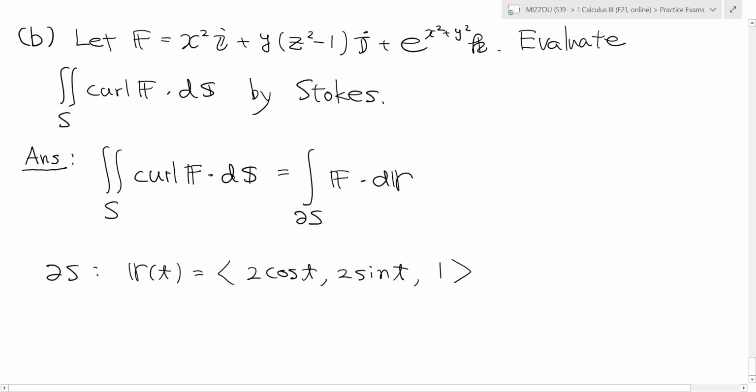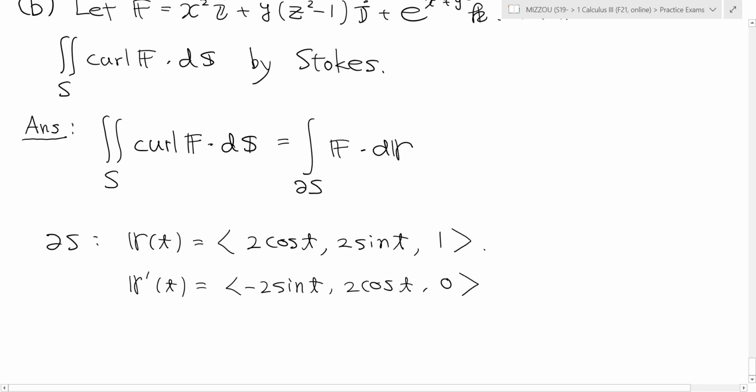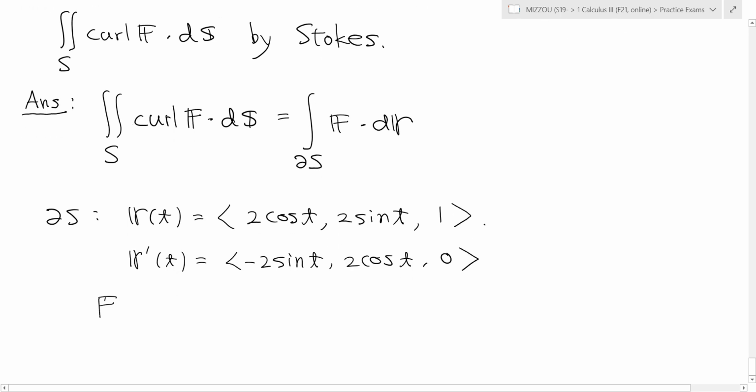Then to compute the line integral, you compute the derivative: negative 2 sine t, 2 cosine t, and 0. If you differentiate 1, you get 0. And then you have to plug in the parameterization into the vector field.